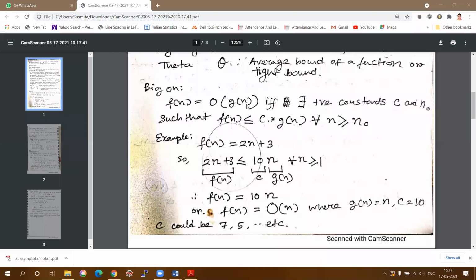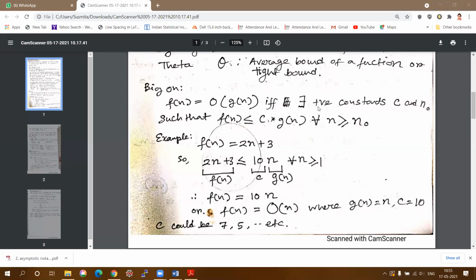So what are the conditions? Let's look into that. If and only if, IFF means if and only if, and this symbol means there exists.